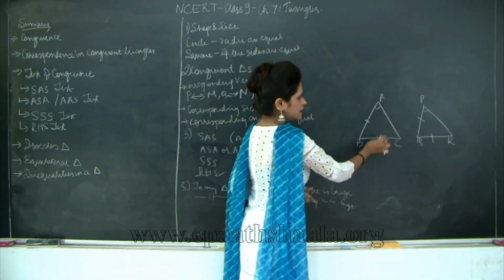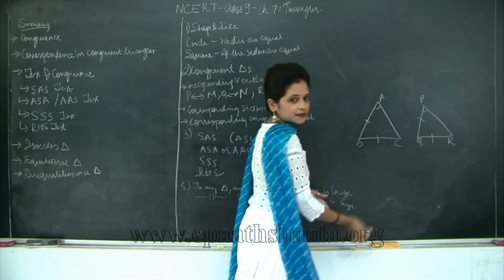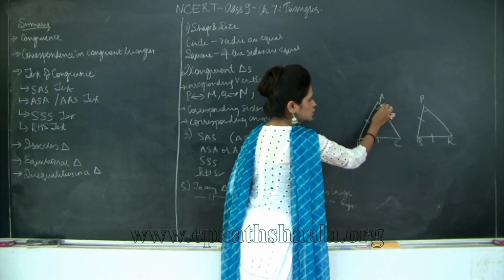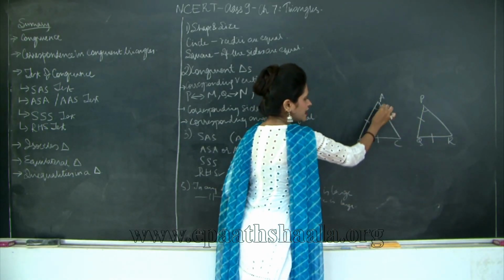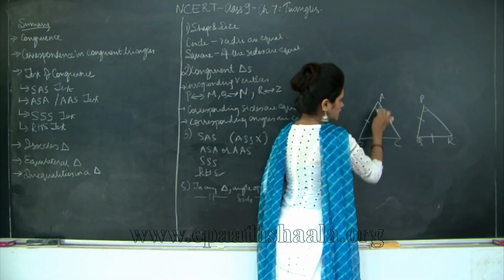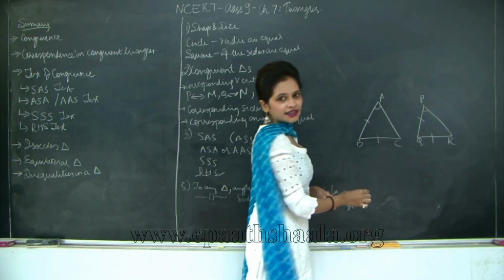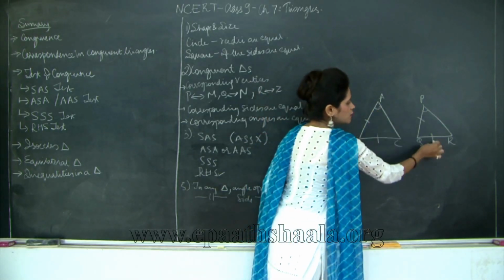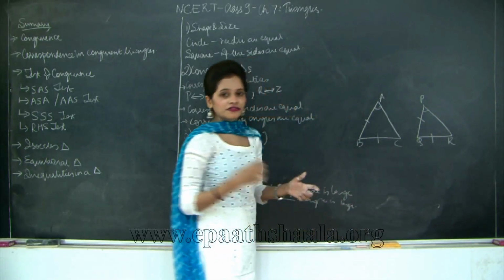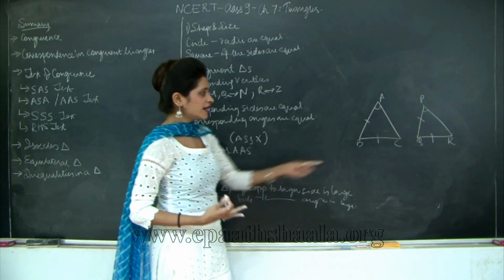Now if I say that these two sides are equal to these two sides, if you notice, this side corresponds to this angle. So obviously this angle will be equal to this angle, because this angle corresponds to this side. Similarly, this angle corresponds to this side. So instead of three proofs that you need to prove that two triangles are congruent, we are getting two.